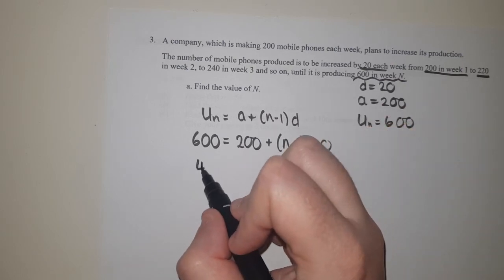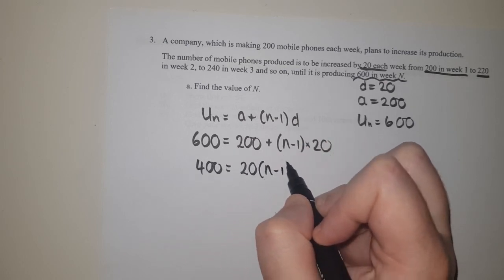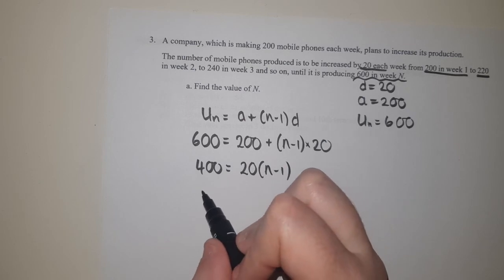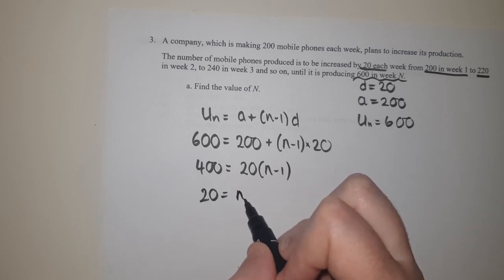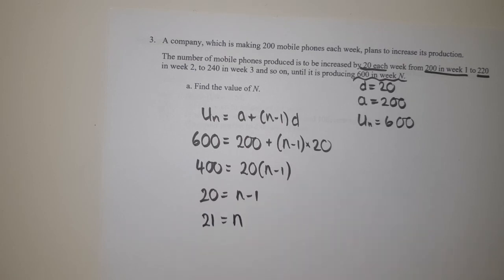So if we subtract 200, I get 400, and I'm left with 20 lots of n minus 1. If I divide by 20, I get 20 is n minus 1, and then if I add 1, it would be week 21. That gives us our 600 phones that they've created.